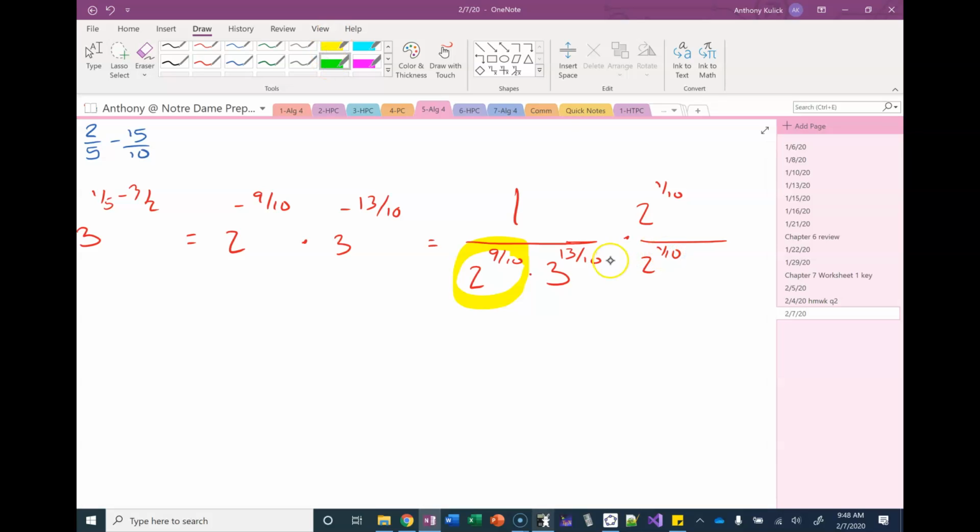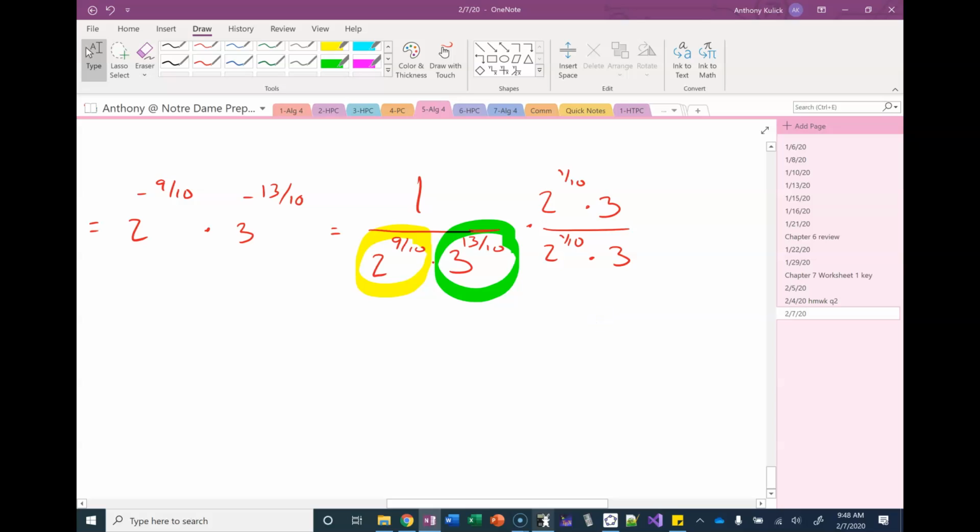Now I'm going to look at the 3's. What's the next whole number after 13/10? It would be 2, right? Everybody agree with that? What do I have to multiply 3 to the 13 tenths by to get 3 to the 2nd? Remember, 2 is the same as 20 tenths.